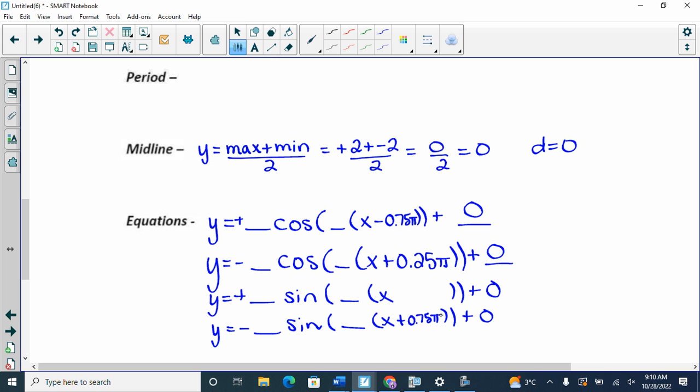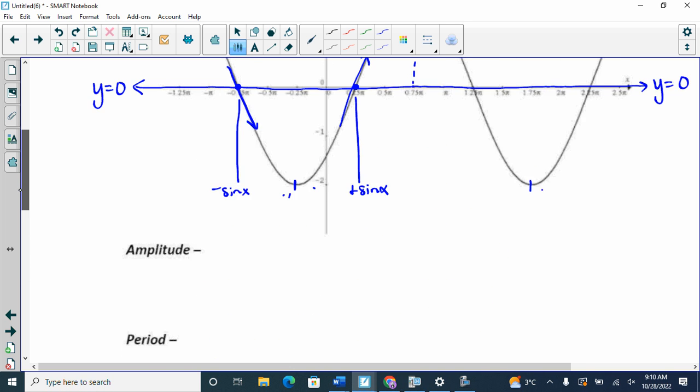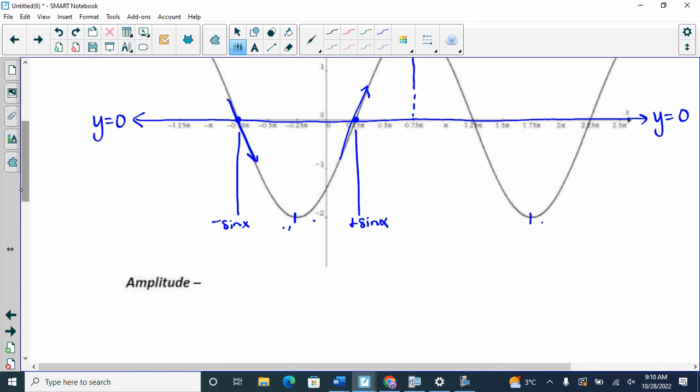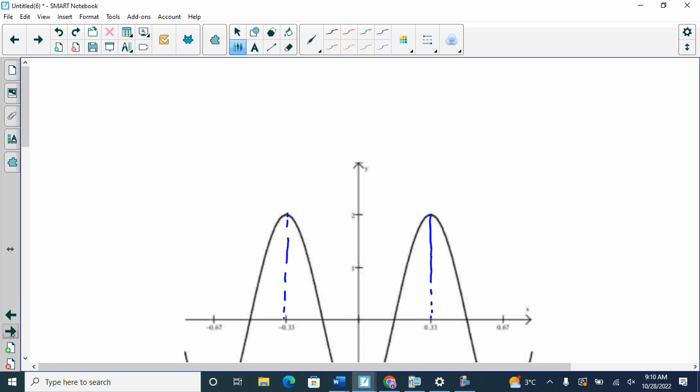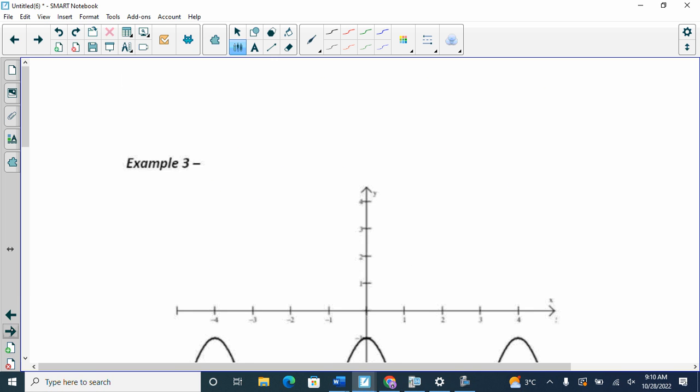And this one we have x minus 0.25 pi. Okay? Over.